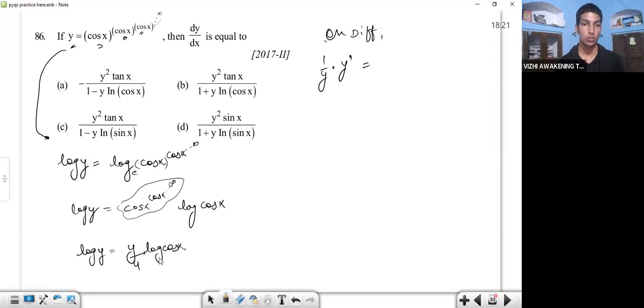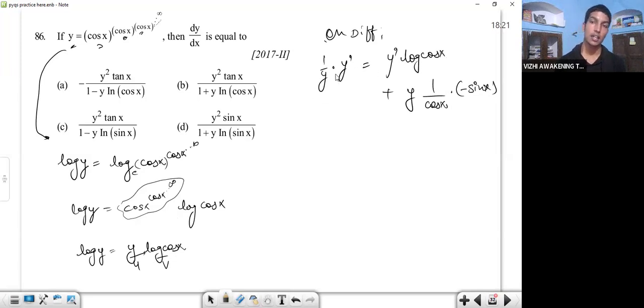So this is u, this is v: u dash v plus u v dash, into the derivative of cos x, which is minus of sin x. So we have to find out y dash, dy by dx.